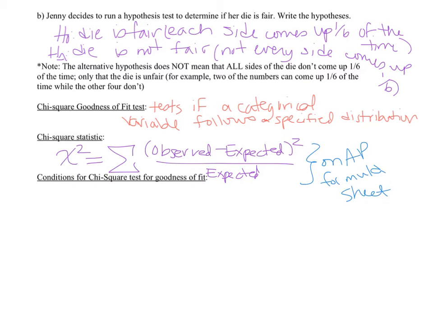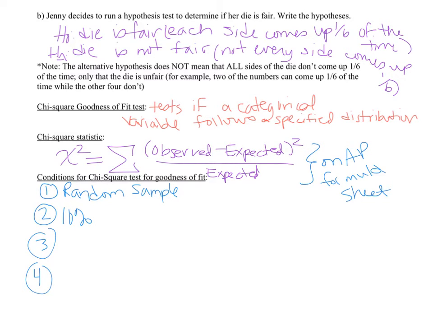And so we have 3 conditions for the chi-squared goodness of fit test. 2 of them are going to look really familiar. The first one is that it's a random sample. The second one is going to be the 10% condition. The third one is our new condition. And actually, we're going to have a fourth condition.